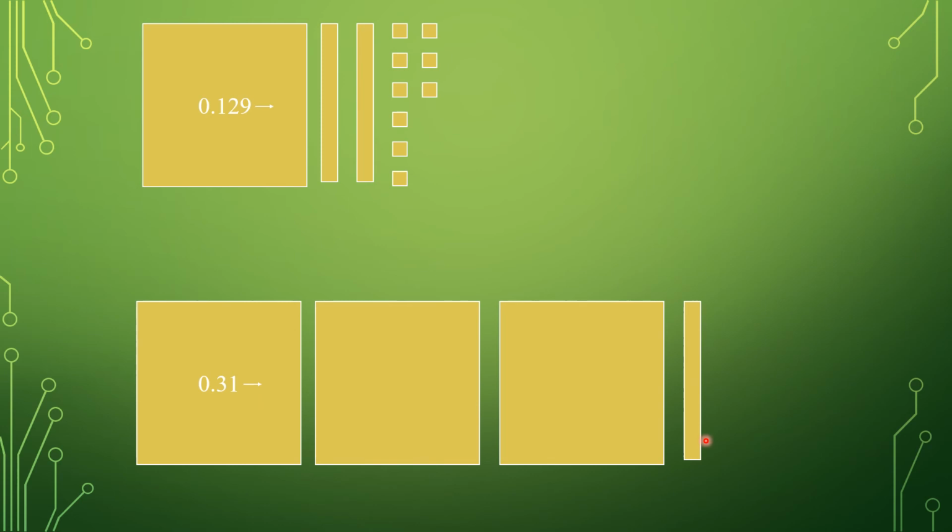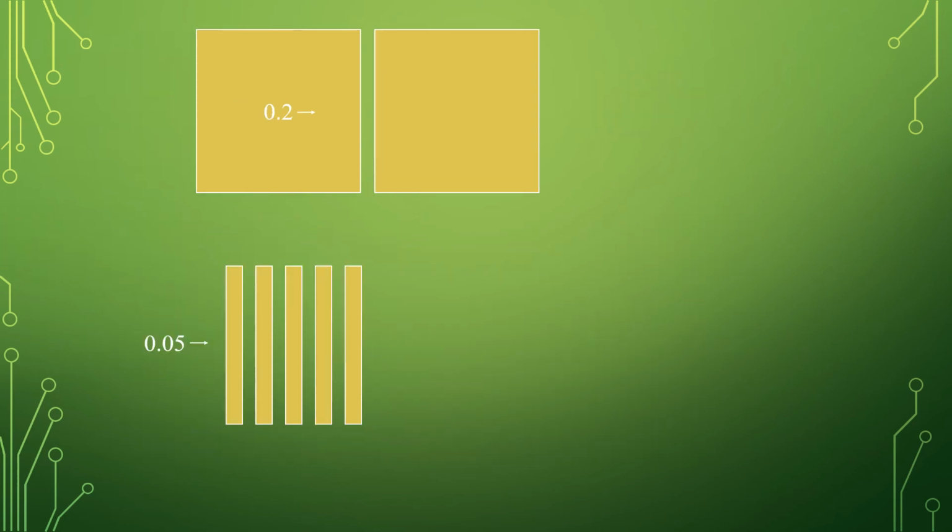Now this way the question can be formed like this also, that represent the given decimal number in the form of blocks. So if it is 0.31, 0 means no whole part, so no need to draw any block. 3 means 3 tenths, so tenth means rectangles. So draw 3 rectangles and then 1 will mean a stick. Alright, so in the same way, it is 0.129, we have already discussed.